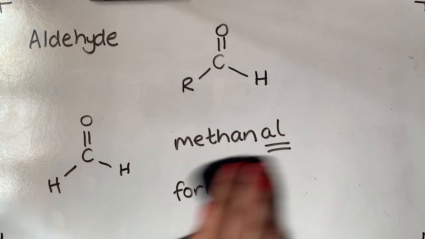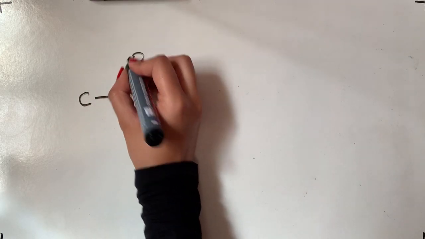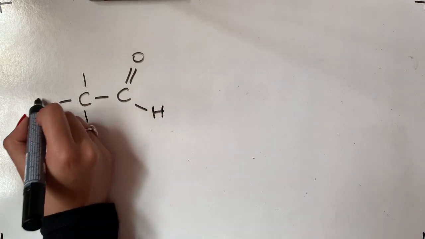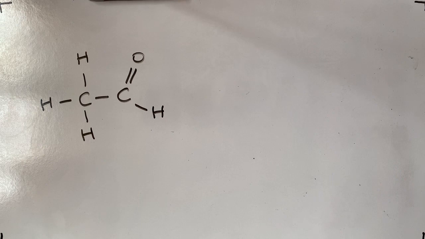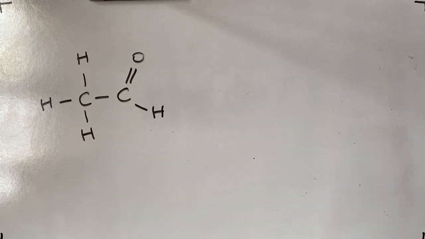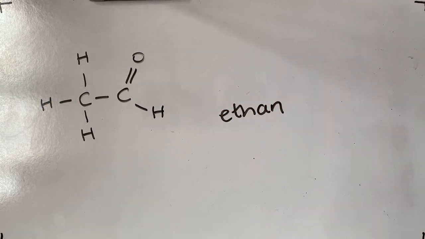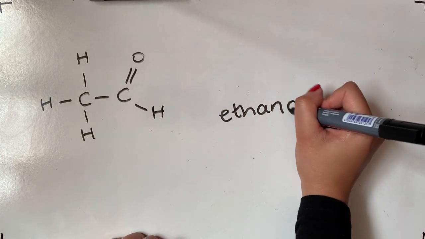Let's now have a look at another one. So again, for an aldehyde, the carbonyl group has to be at the end of the chain. So looking at this one, we've now got two carbons in this, so therefore it's got to be ethan. Okay, and then again, because it's an aldehyde, it's got to end in al.